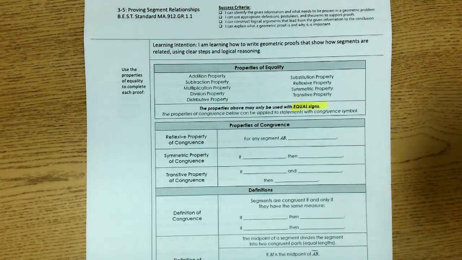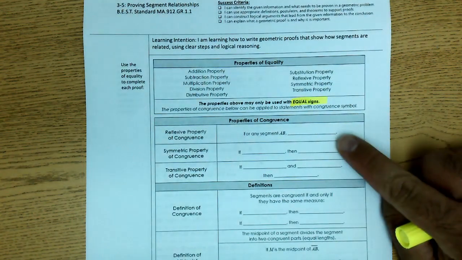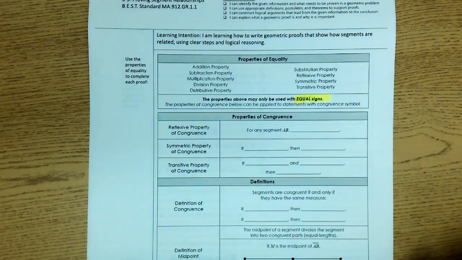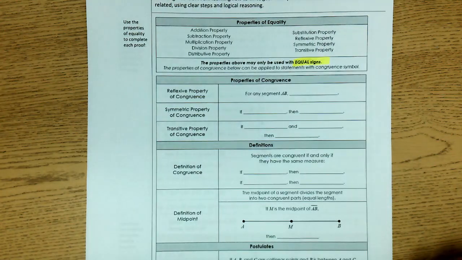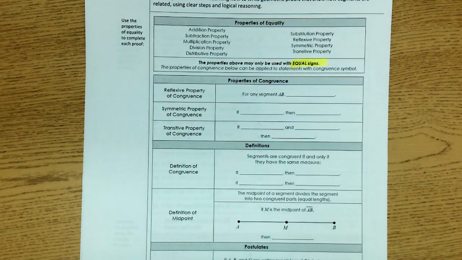We're going to start off today looking at a couple properties of congruence. Now, what's the difference between congruence and equal? Well, there's not a whole lot of difference, but normally when we're talking about congruence, it's showing a side is equal to something else, or an angle is the same as something. Not too often do we really show congruence in that, but they're pretty similar.